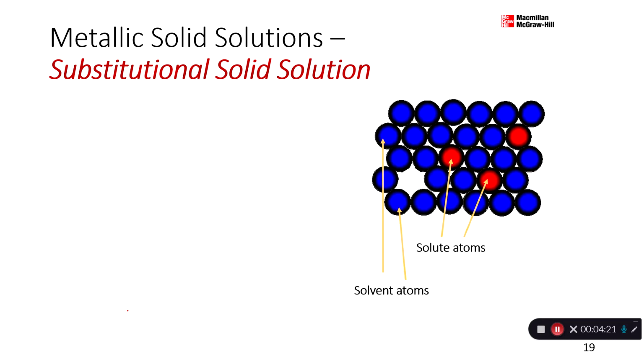Okay, so the first type of solid solution is called substitutional solid solution. You probably know this word. Substitute is when you replace. Okay, so what's happening is something is replaced. Right, so the solvent is the one that is higher in quantity.